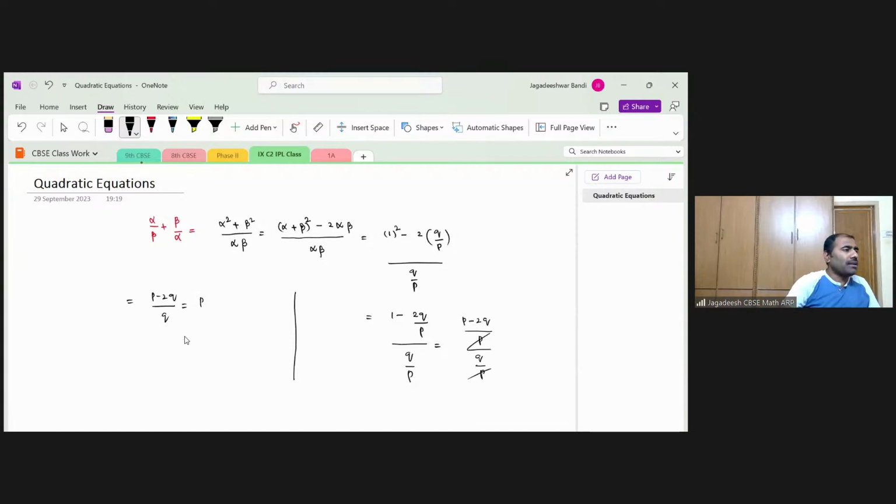So we get p by q minus 2q by q. q gets cancelled. And the final answer is p by q minus 2, which is our option D. Okay, fine. Now let's move to the next problem. If you want, you can take the screenshot.